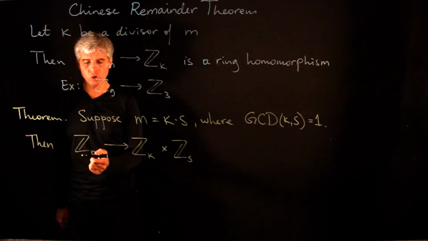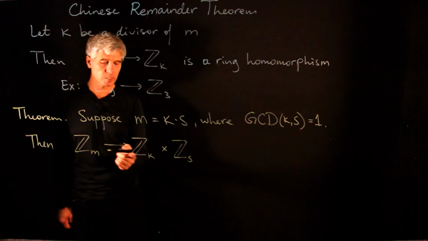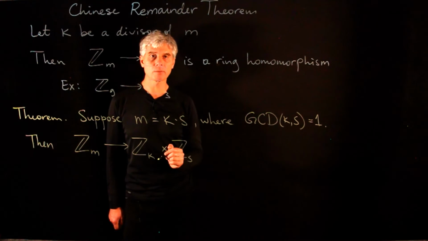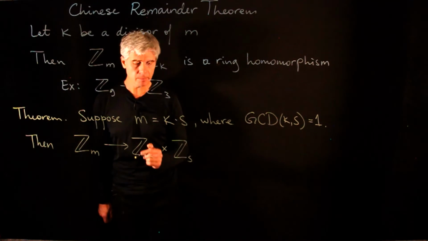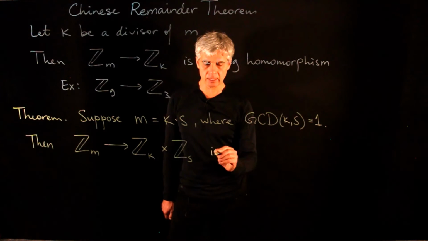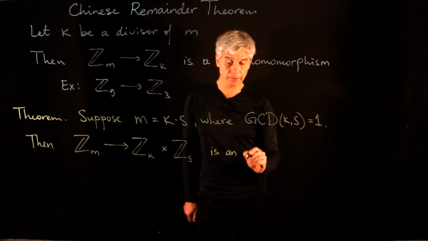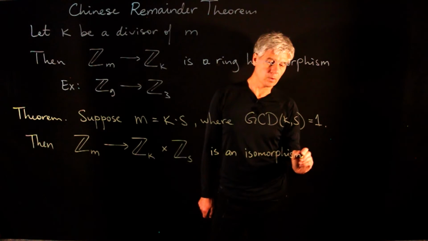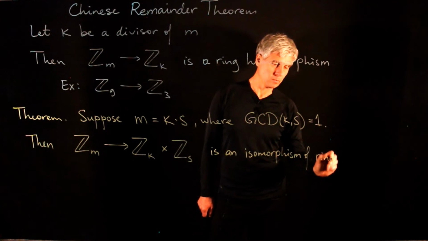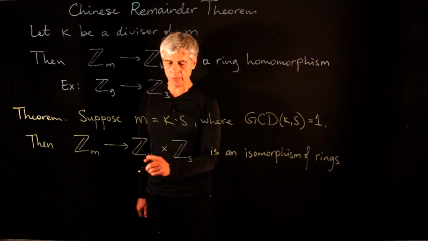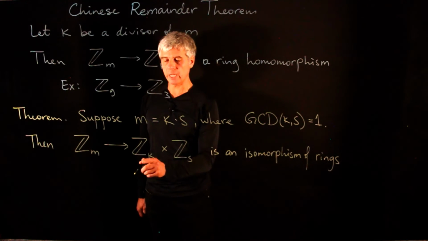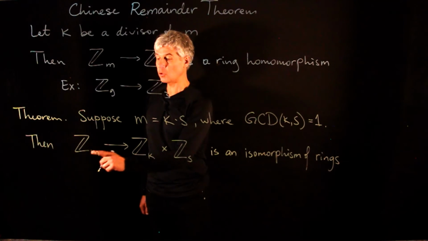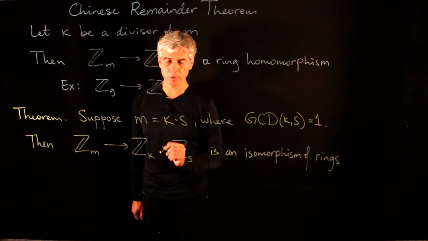This means to each remainder mod M, we associate a pair of remainders, one remainder mod K and another remainder mod S. And the claim is that this is an isomorphism of rings. So in particular, if we have a pair of remainders, one mod K and another mod S, then we can find a unique remainder mod M that will produce this pair.